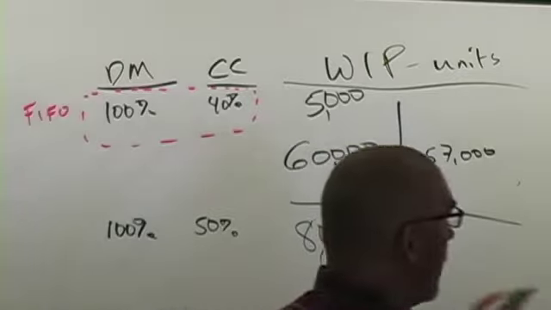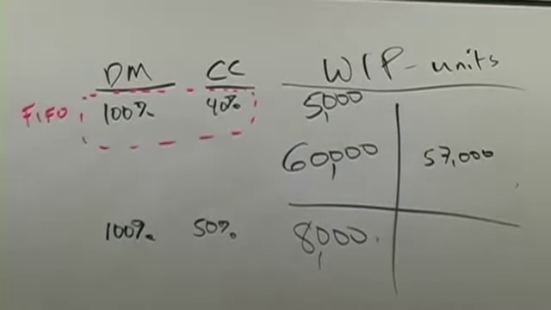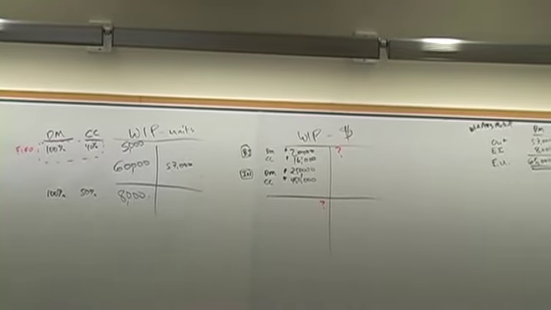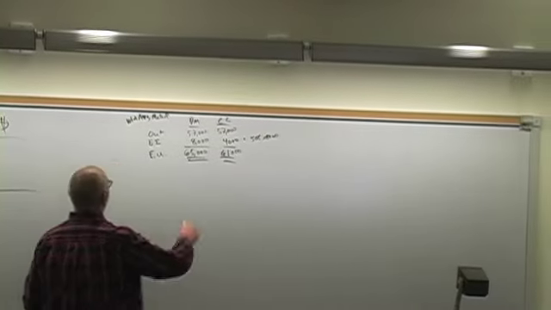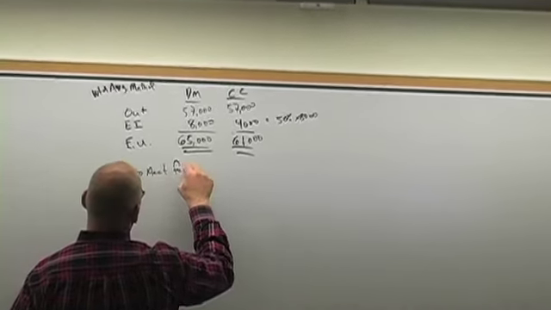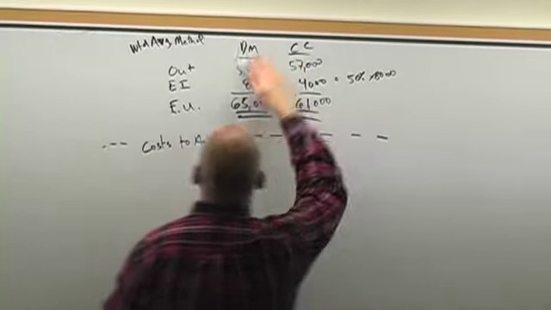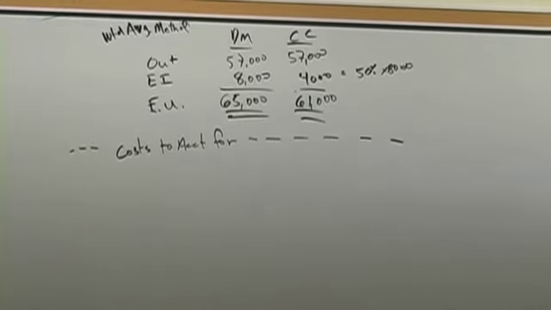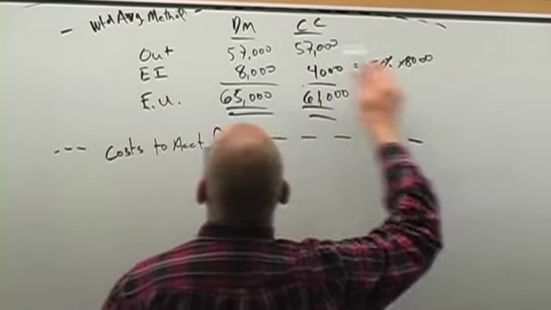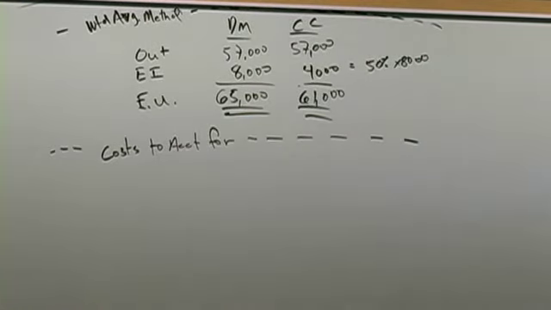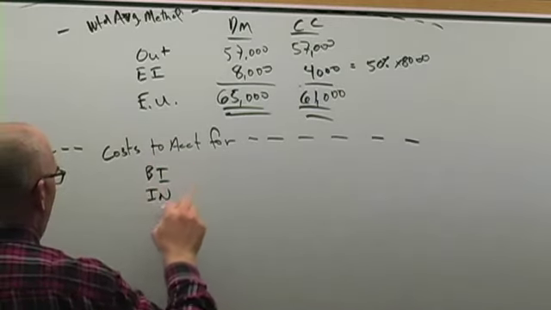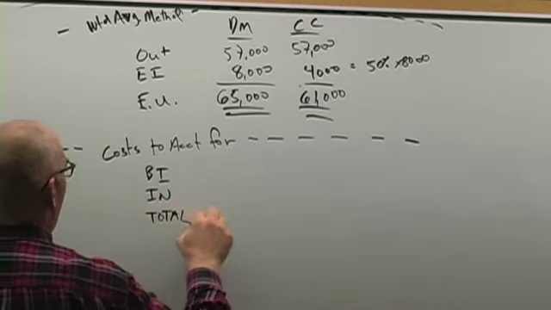Now we've got to do another step, obviously. Here we're going to do cost to account for, and they're going to be in the same column. Here we've got weighted average method, cost to account for, and then we're going to calculate for beginning inventory plus in equals total.